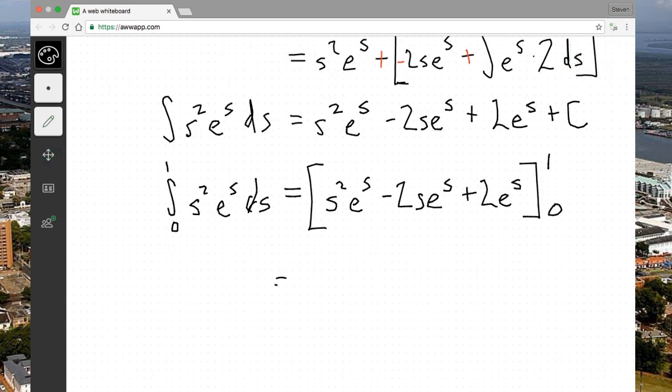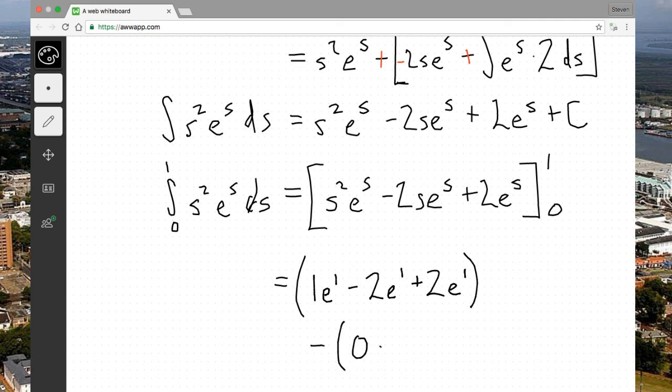If I plug in a 1, it gets me 1 e to the 1 minus 2 e to the 1 plus 2 e to the 1, minus, plug in 0, I get 0 e to the 0 minus 0 e to the 0 plus, you have to be careful here, that's 2 e to the 0, so that gives me a minus 2.